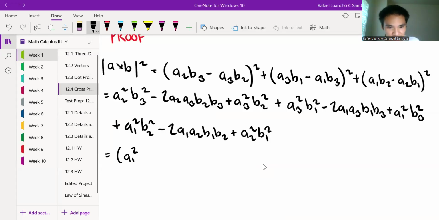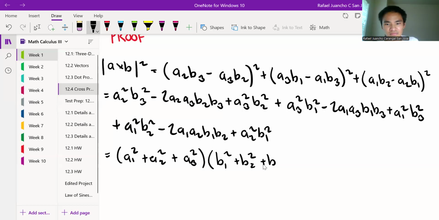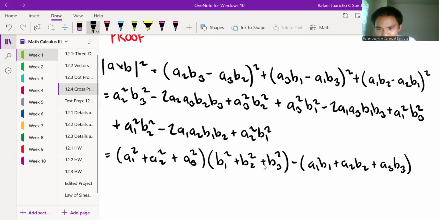So it's going to be (A1 squared plus A2 squared plus A3 squared) times (B1 squared plus B2 squared plus B3 squared), factoring out everything, minus (A1B1 plus A2B2 plus A3B3) squared. So we just cleaned it up a bit.